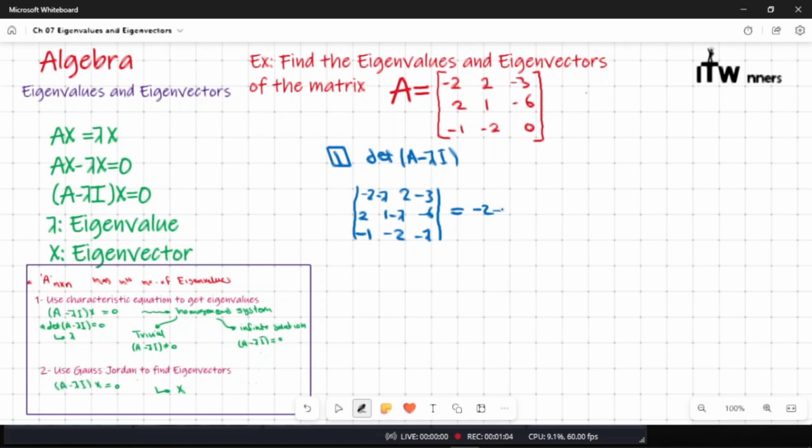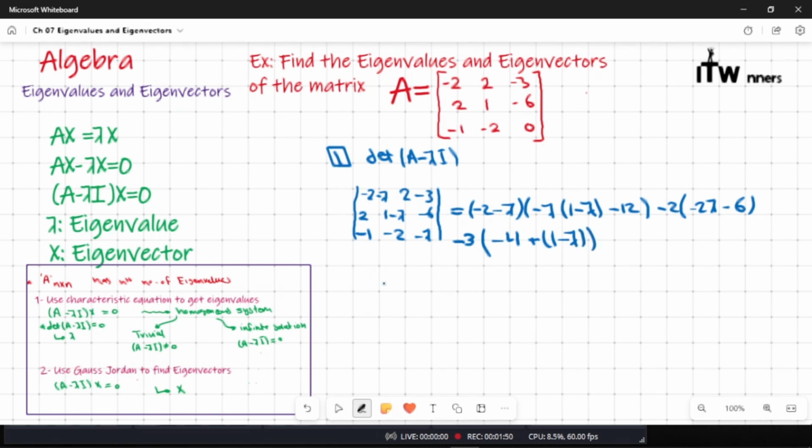here negative 2 minus lambda into negative lambda into 1 minus lambda, here minus 12, minus 2 into minus 2 lambda, here minus 6, okay, here minus 3 into negative 4 plus 1 minus lambda.